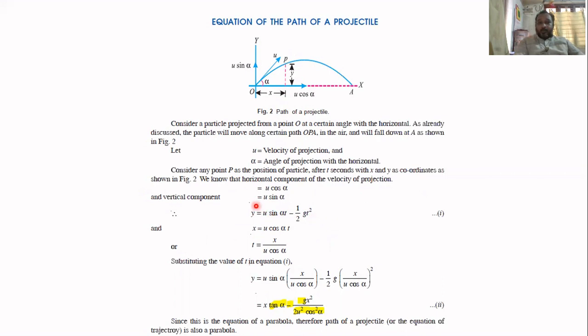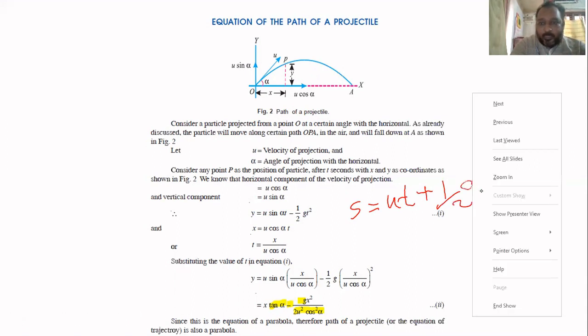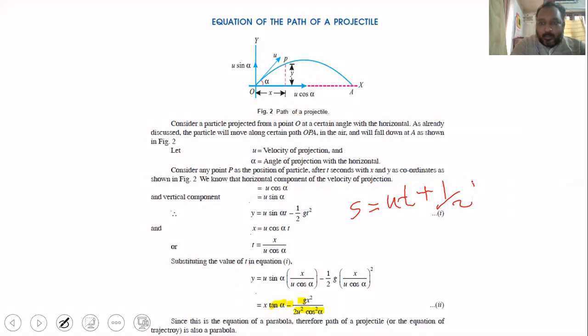And y is equal to, we have the equation for linear motion, s is equal to ut plus half a t square.